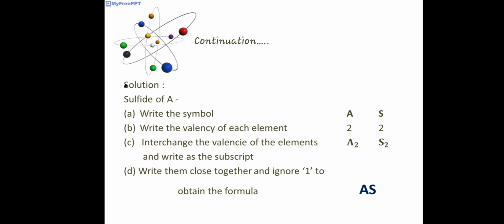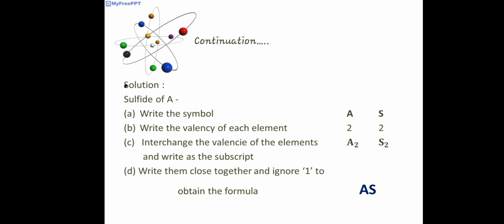So bakit siya naging AS? Why didn't you have to write the subscript? Because both subscripts are whole numbers. So 2 you can divide by another 2. The subscript of A is 2, you can divide it, so it is automatically 1. So that's why i-ignore mo na lang, and that's why it makes AS.